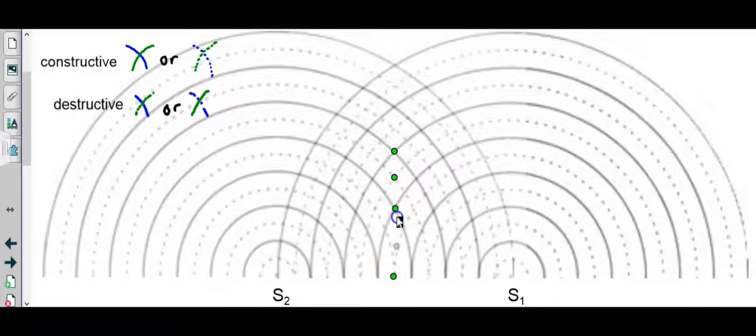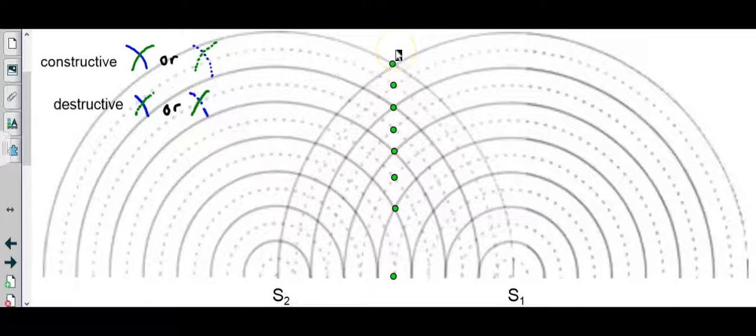So if you notice a pattern developing so far, all of these lines down the very center are constructively interfering. That means that the wave down the center is the tallest. The amplitude of that wave will be the highest because you can see all of these points are constructively interfering.